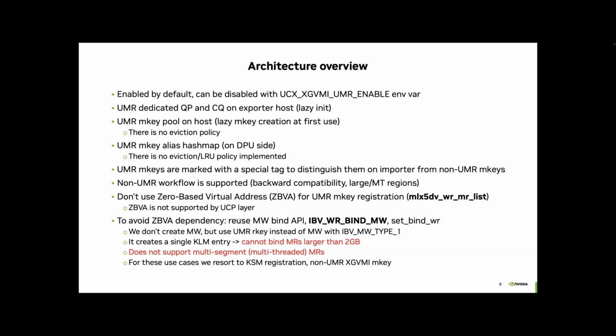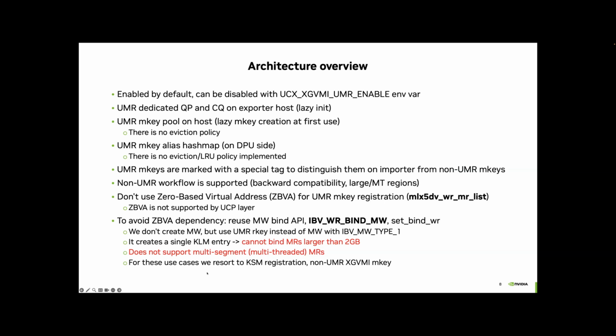This is implemented internally by sending a UMR work request that fills the data in memory key and its KLM. So by chance, it does exactly what we need. And just to clarify, we don't create a memory window, but we use a UMR key instead of the memory window. Looks maybe a bit hackish, but yeah, it works.